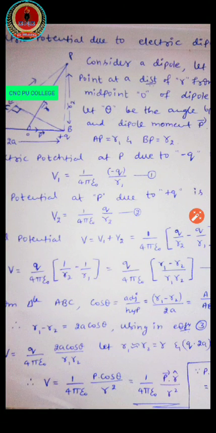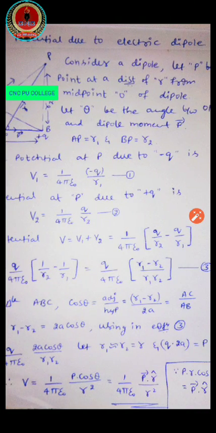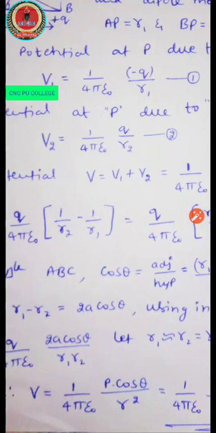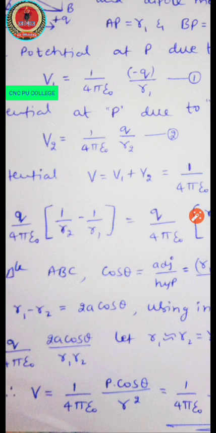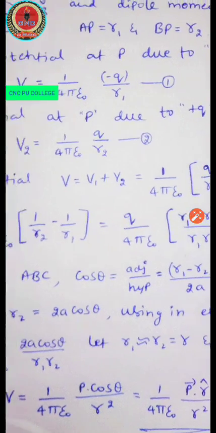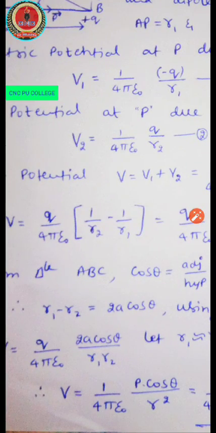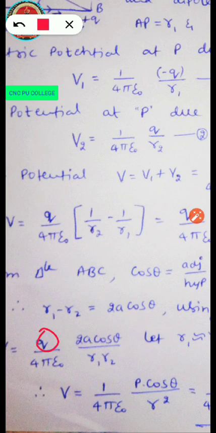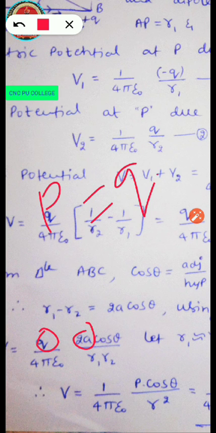To get the standard equation, we are making an assumption that r1 is approximately equals to r2, that is equals to r. So the denominator is r1 r2, approximately r squared, and in the numerator we have Q and 2a. As we are dealing with a dipole, the expressions must be represented in dipole moment. We already know that p is equals to Q into 2a.